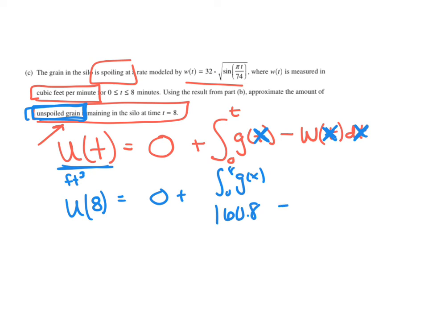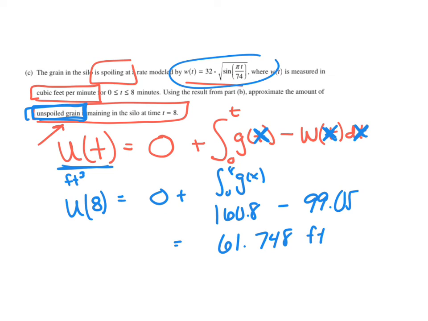Minus, I'm going to integrate this w of t in my calculator. Hopefully you've done that. I think I had like a 99.05 something. So I got a total answer of 61.748 feet cubed.